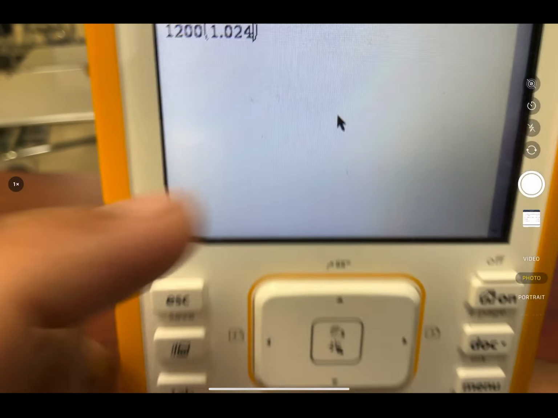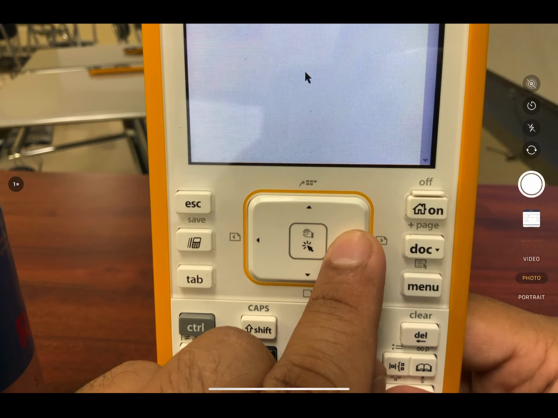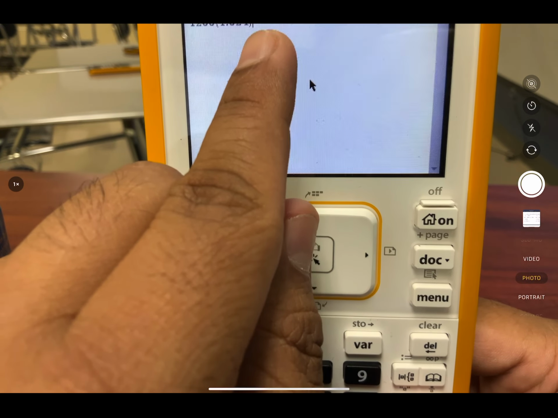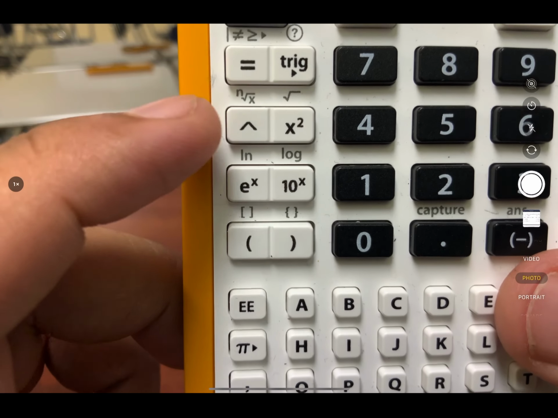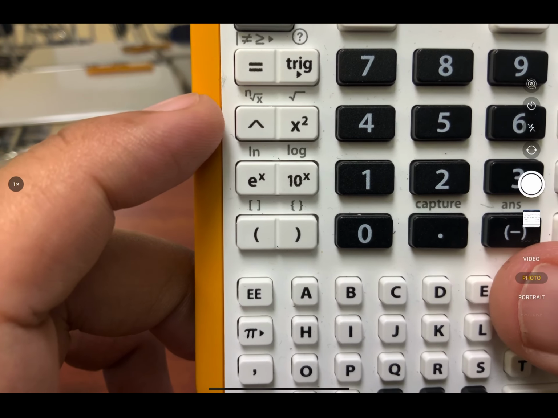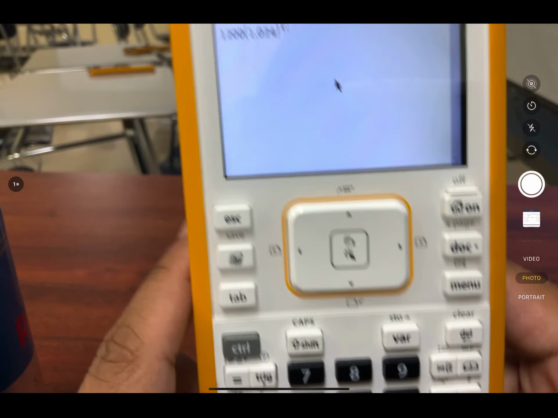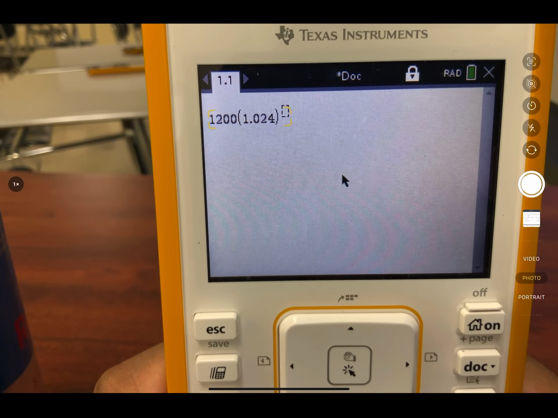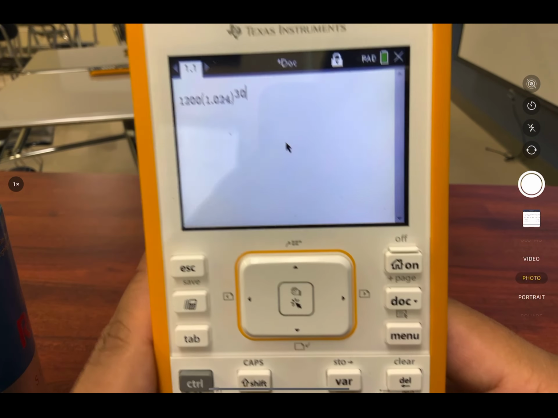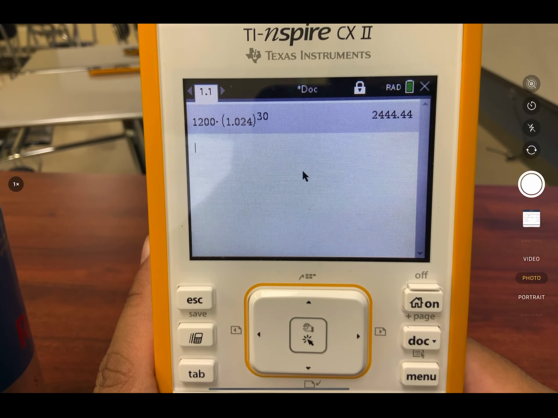I need it outside, so I'm going to click right once. And now I can raise this whole parentheses to the power of something. That button is this housetop looking key. It's called the caret key. When you hit that, a little box opens up that lets us fill in the exponent. I'm going to type in 30 for 30 days. Hit enter, and we have our answer.